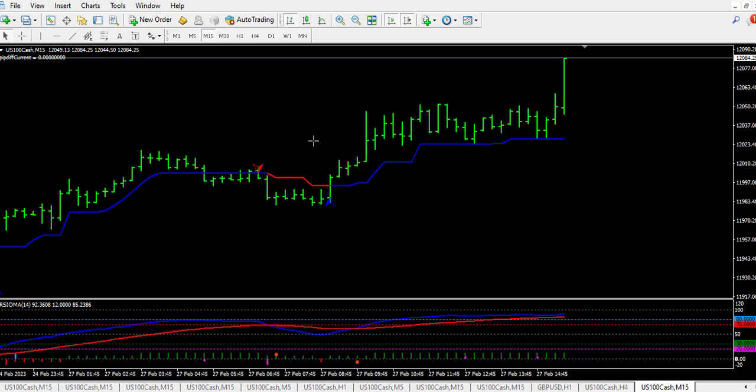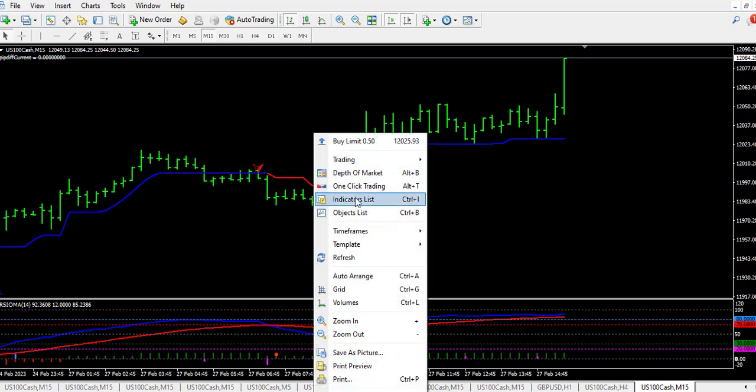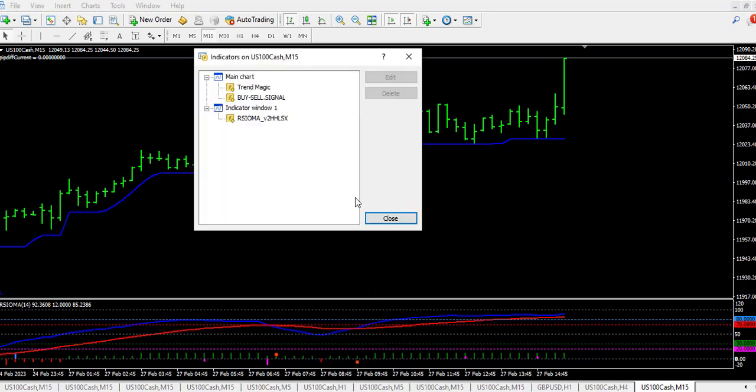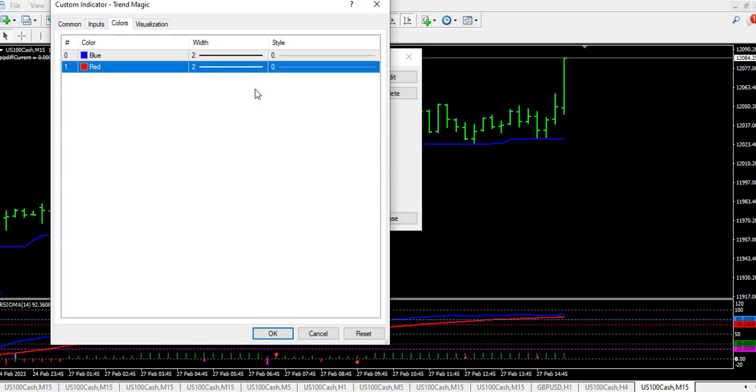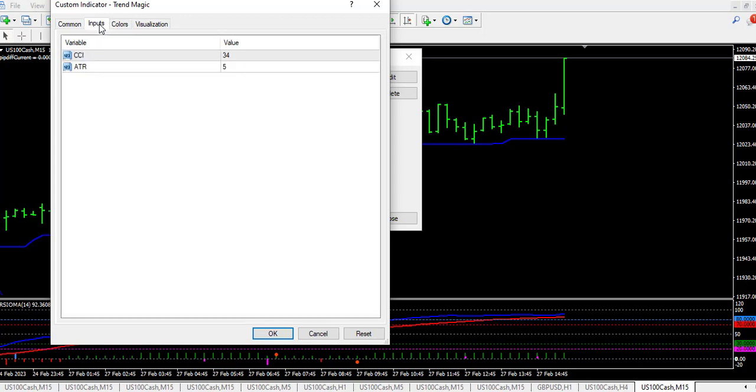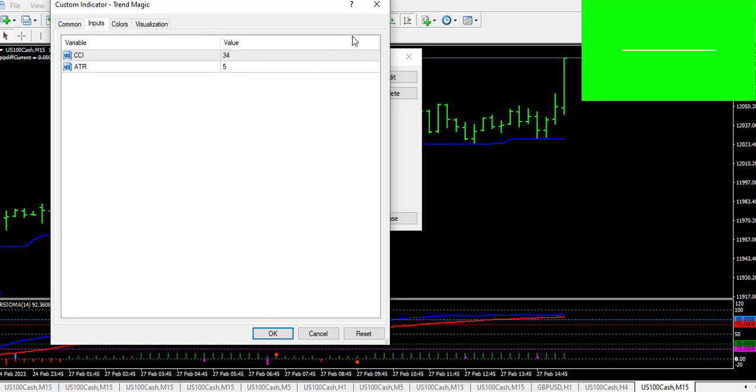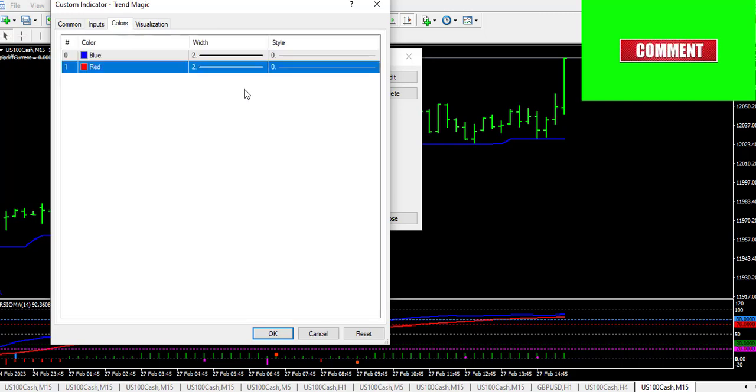And now let me show you the settings for each of the indicators I use for this strategy. The first indicator is this blue and buy arrow indicator. We have the trend magic, the CCI is 34 and the ATR is 5, and this is the color I use for this indicator.